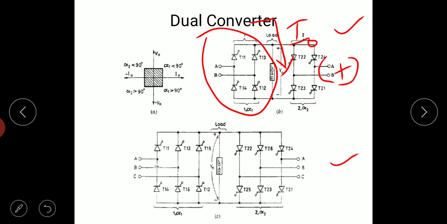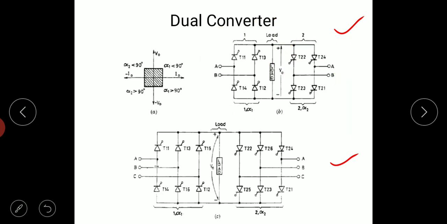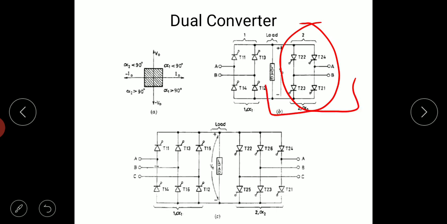I naught current will be positive, and V naught is both possible, positive as well as negative. But if we operate converter 2, then the direction of current due to converter 2 will be negative. That means from downward direction to upward direction. So when converter 1 is operated, we get positive current, and when converter 2 is operated, we get negative current.